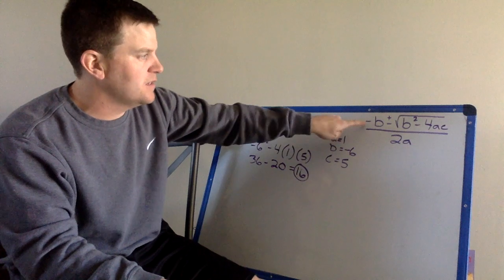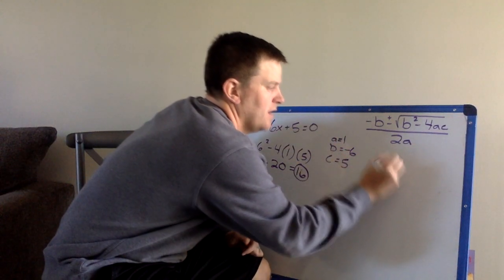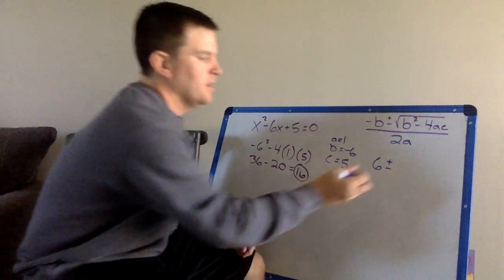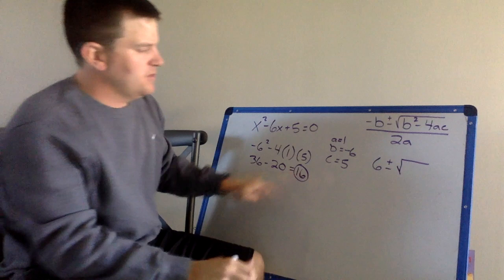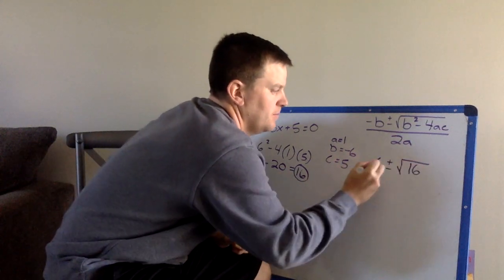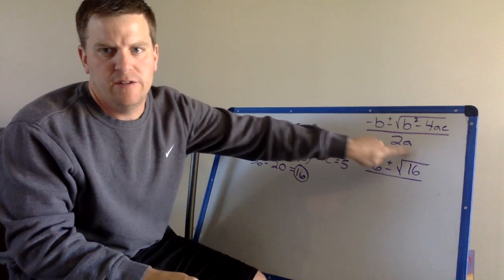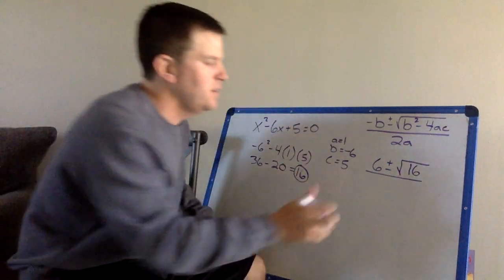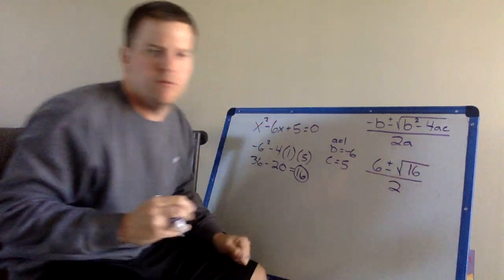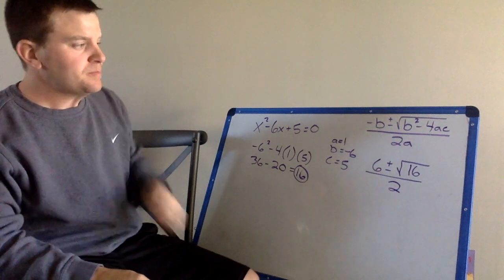So instead of -6, this is going to be a +6, plus and minus, that's in our formula, the square root, we already found that, that's the discriminant, and that was 16, so let's put 16 under there, all over 2a. Well, these are multiplied, so 2 times whatever a is, and a is going to be 1, so 2 times 1 is going to give us 2. We multiplied them, a was 1, so it didn't change it.